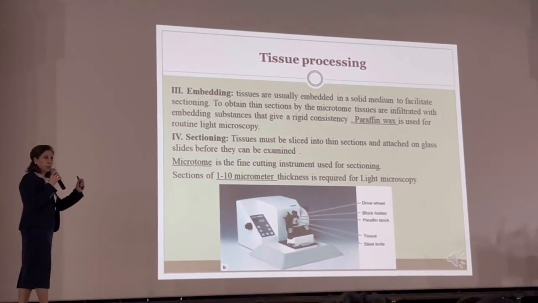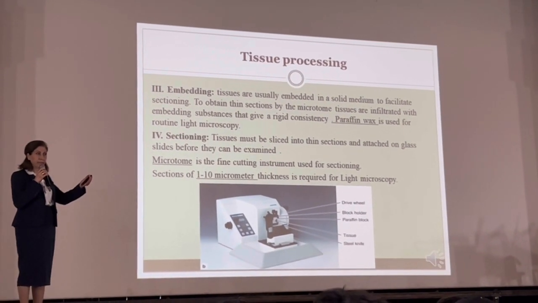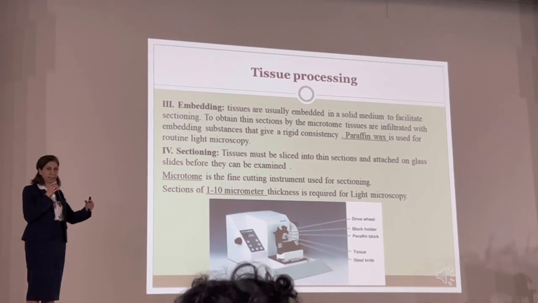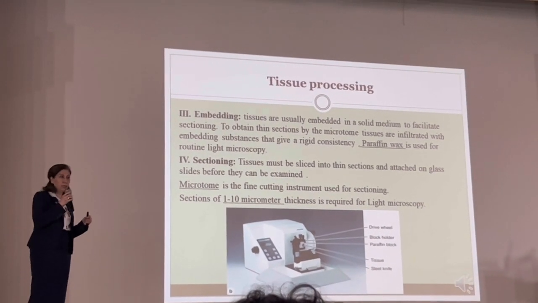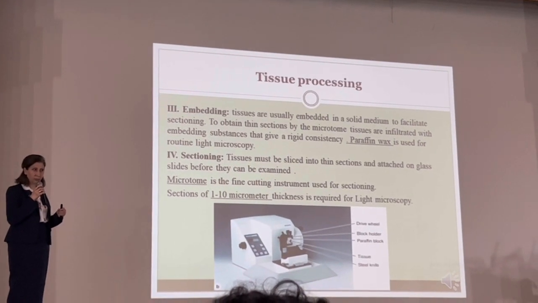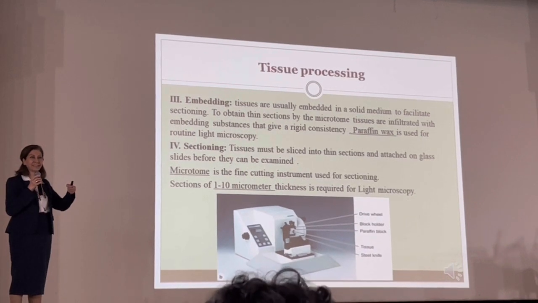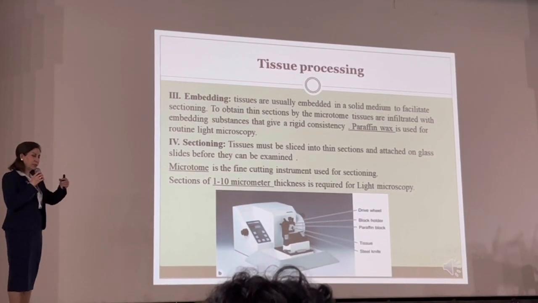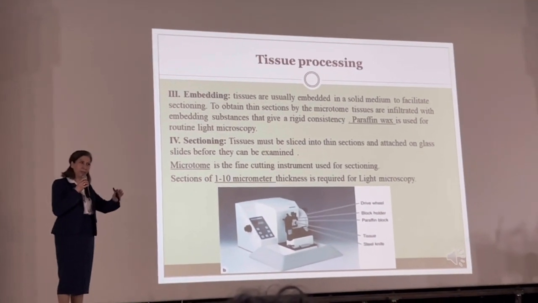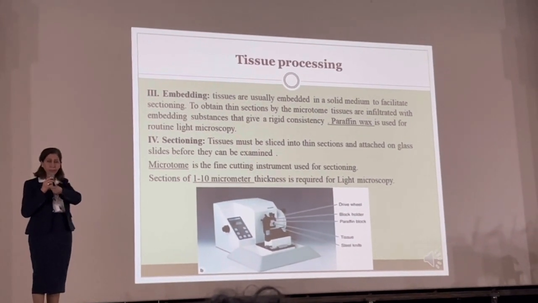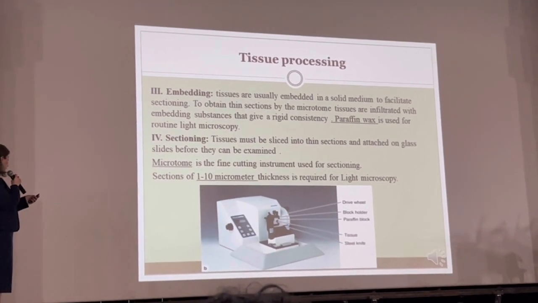I think today in the medical practical sessions you have seen the slides, the glass slides. These are small glass slides for the tissues to be put on, and later on you fix it and put it under the microscope to be examined.